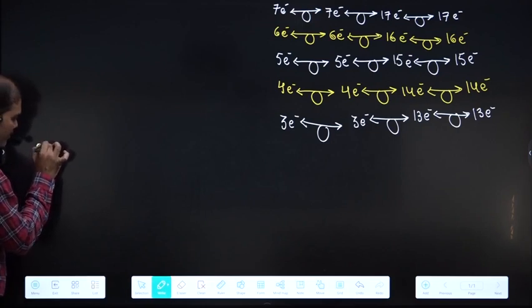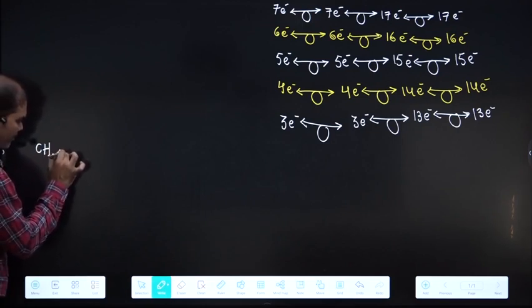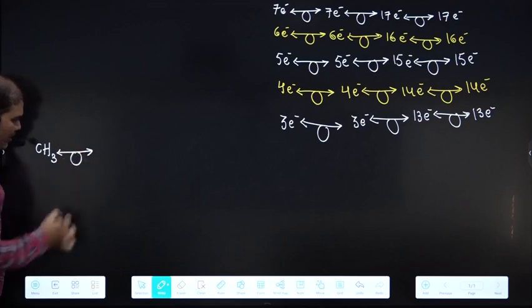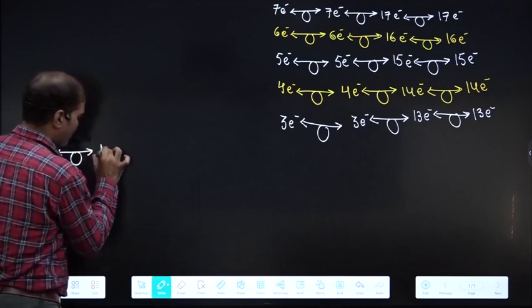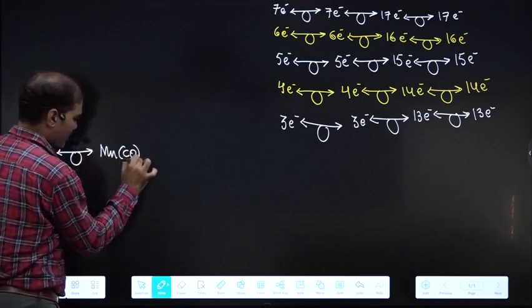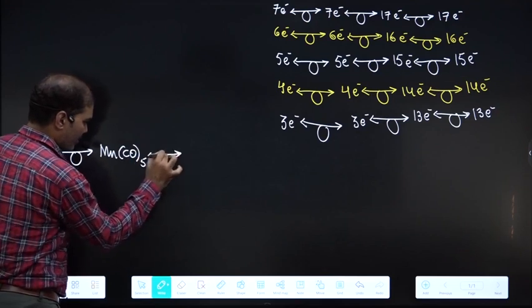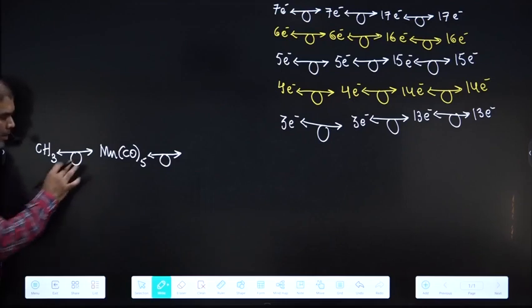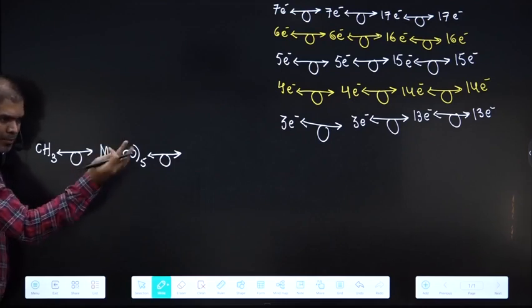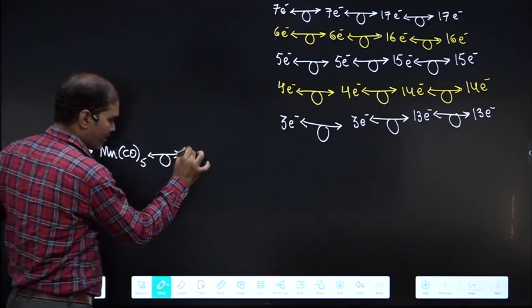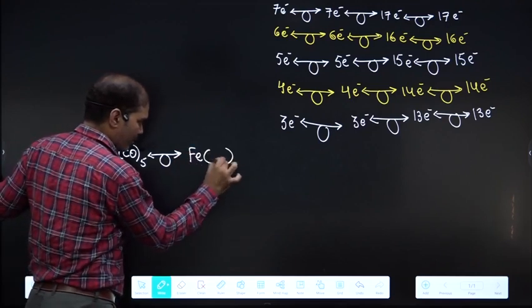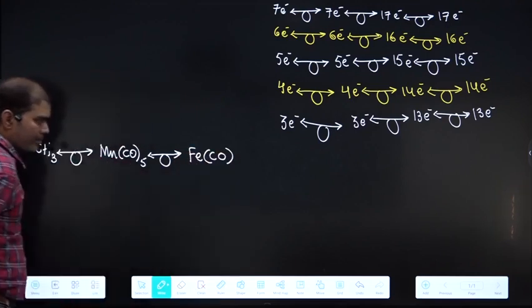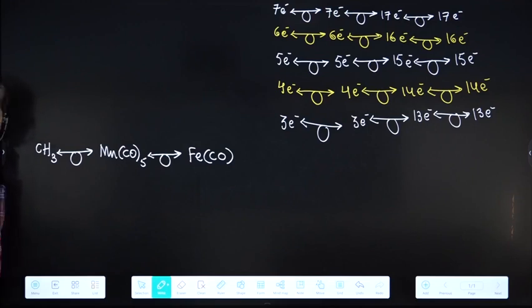Suppose I start from a methyl, can I say methyl is isolobal to Mn(CO)5? Yes? Okay. Manganese, you just take one more metal. If I take iron, what should I take here? It should be a 17 electron system.